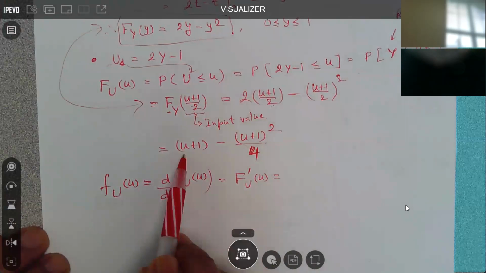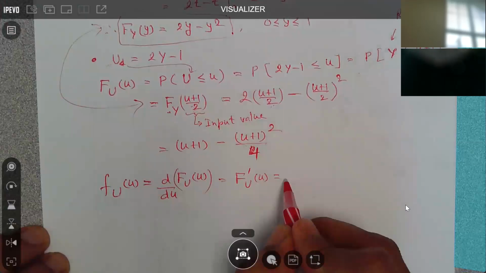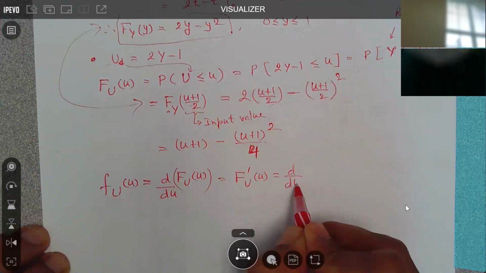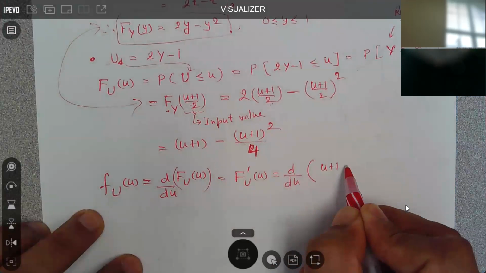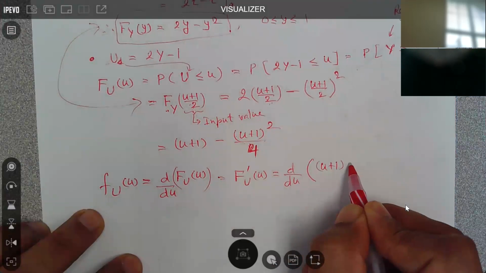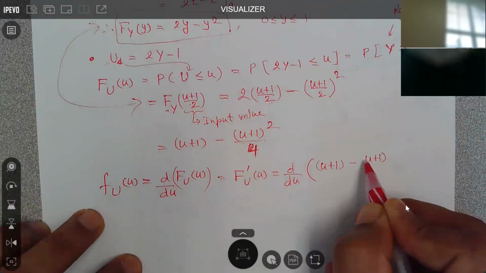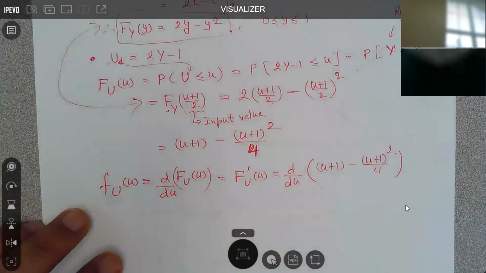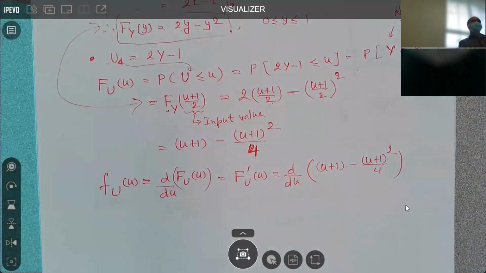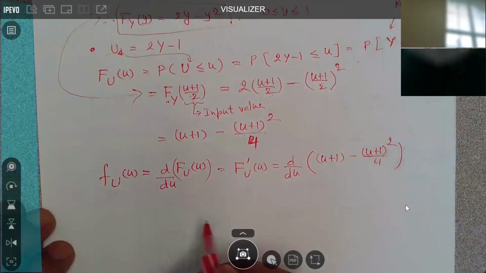Now take the derivative of this one here. So this equals d over du of (u plus 1) minus (u plus 1) whole square over 4, right? So take the derivative.